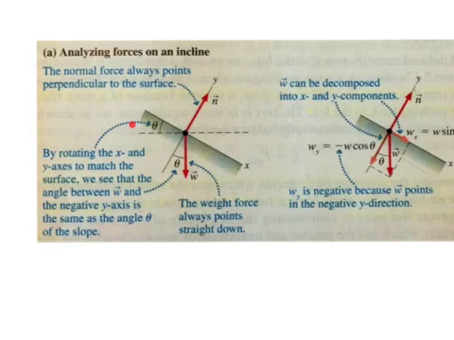By rotating the x and y axes to match the surface, we can see that the angle between the weight and the negative y-axis is the same as the angle of the slope. A lot of the time we'll see the angle of our slope reported as this angle right here. This angle here is the same as this angle here, same as this angle here. You can go ahead and do your own analysis of that to see that.